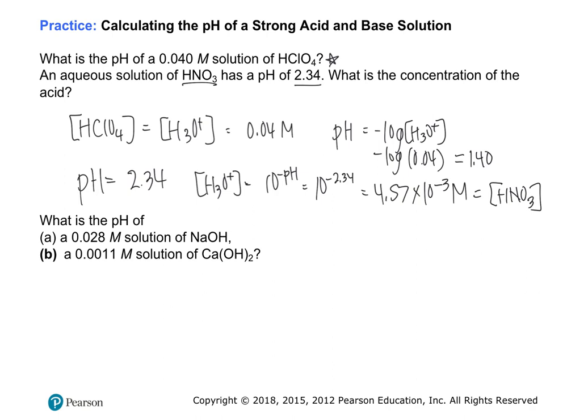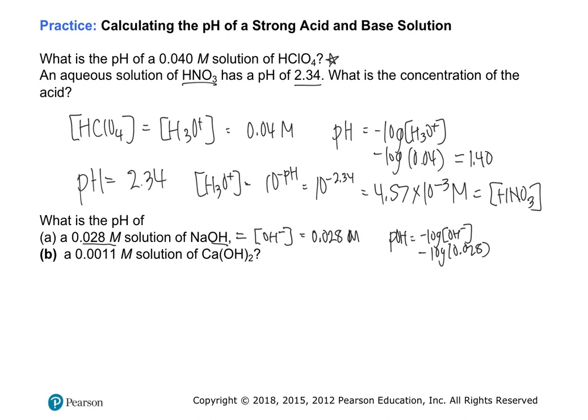Okay, last part with hydroxide. So I have sodium hydroxide. So that has 1 hydroxide there. So I know that my concentration of sodium hydroxide is the concentration of hydroxide. So I can find the pOH. So pOH equals negative log of hydroxide, which is negative log of 0.028.